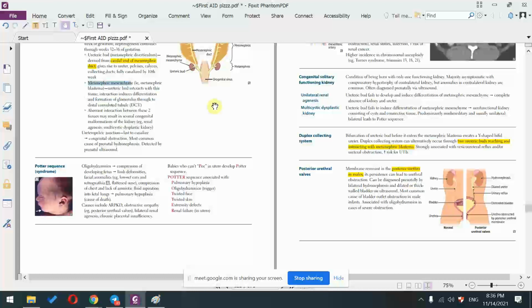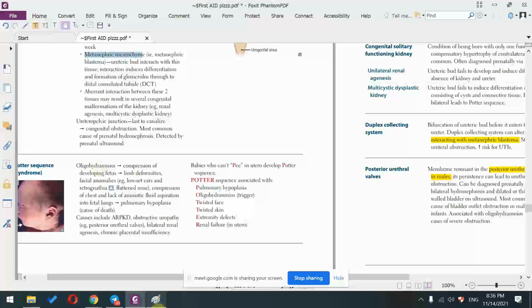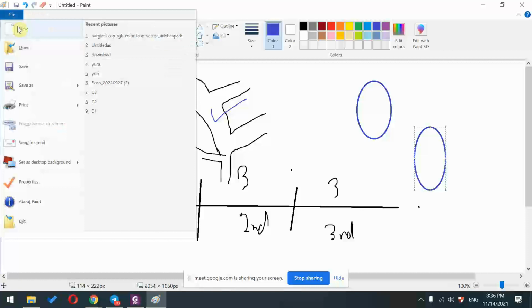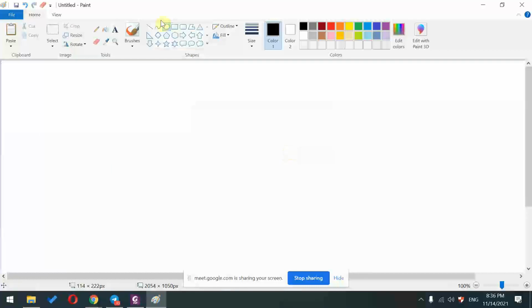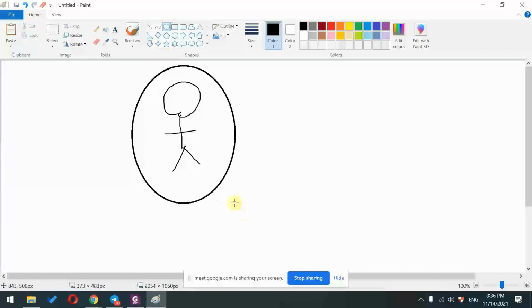So, the ureteric bud fails to develop, so you do not have ureteric bud. And the ureteric bud made you a lot of the structures that led to the formation of the kidney. Remember also that the ureteric bud, I told you here, was the one who induced the metanephric mesenchyme. Look, ureteric bud interacts with the tissue, leading to the formation of basically the glomerulus to the DCT.